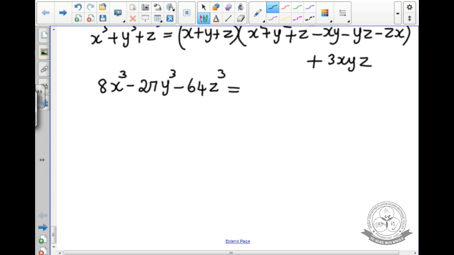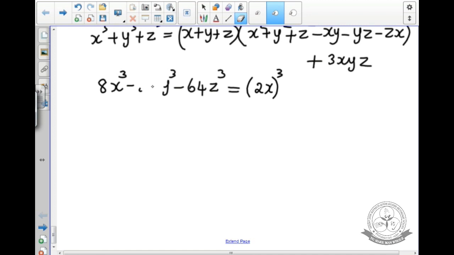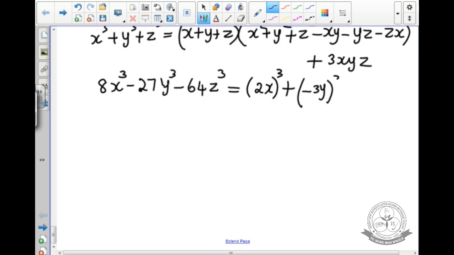So 8x cube means 8 is converted into 2 cube, so 2x whole cube. Then here we have a minus 27, so you can take it as plus minus 3y whole cube. Then this also you can take it as negative, plus minus 4z whole cube.